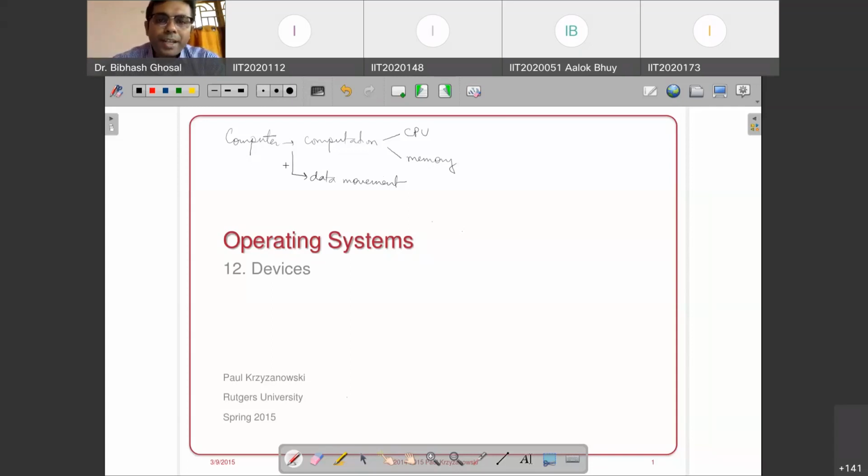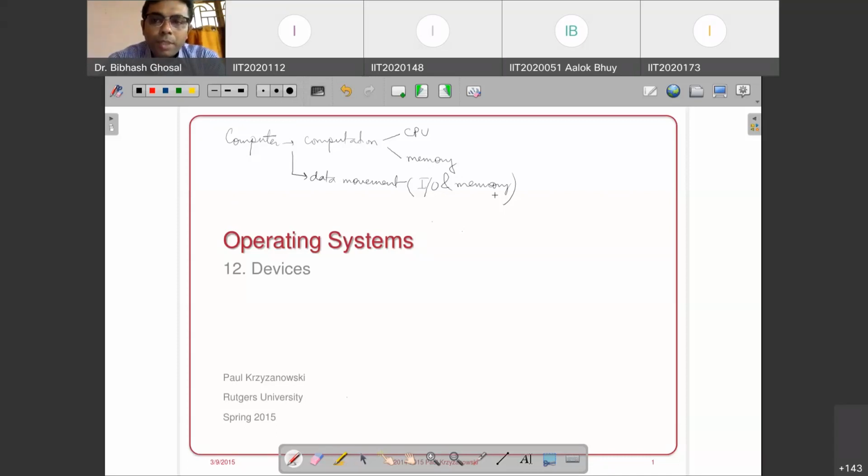So there is a lot of data movement that goes on, and this data movement is taking place between the input and output devices and the memory. So this is the second job of a computer system, to ensure data movement. It requires data to be read in, and then finally the data that is generated will be stored or displayed.